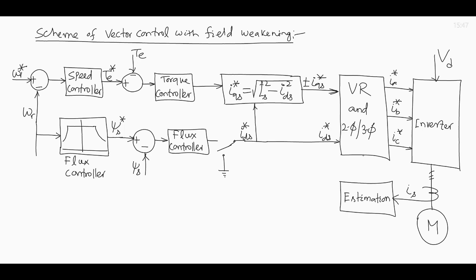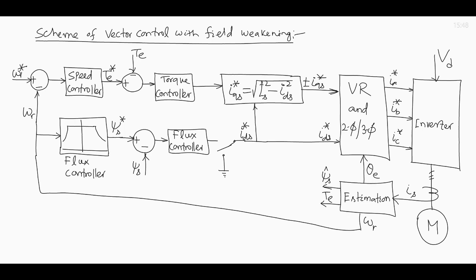This estimation block determines the stator flux magnitude psi S hat and the torque Te for the control part, and also the angle theta E for vector rotation, and it also determines the speed omega r for speed control. So, this is the schematic diagram of the field weakening control of SPMSM.